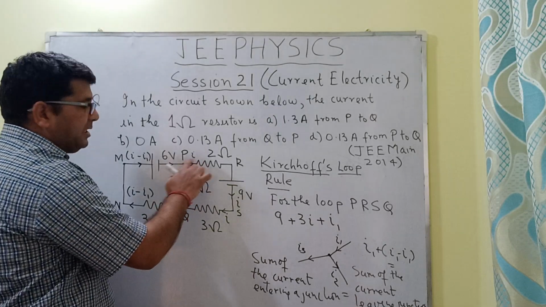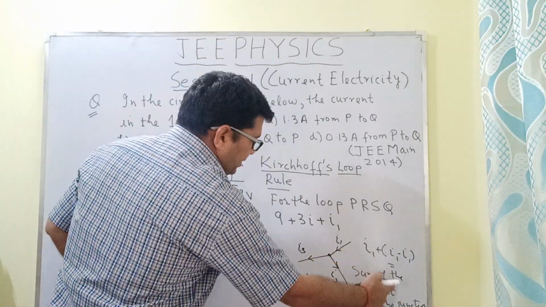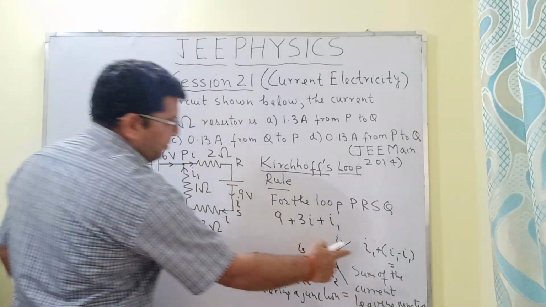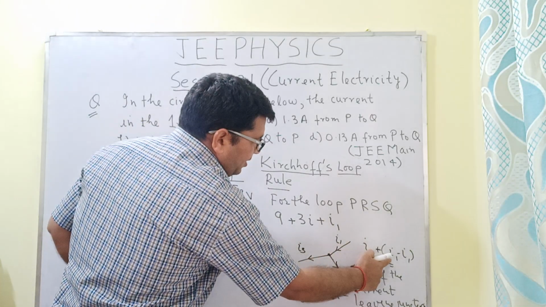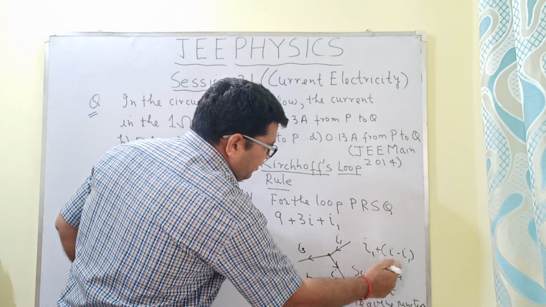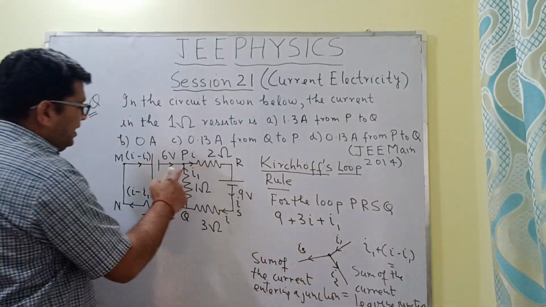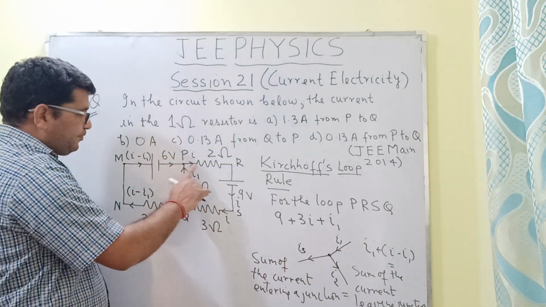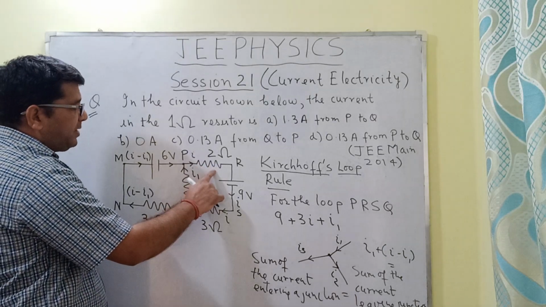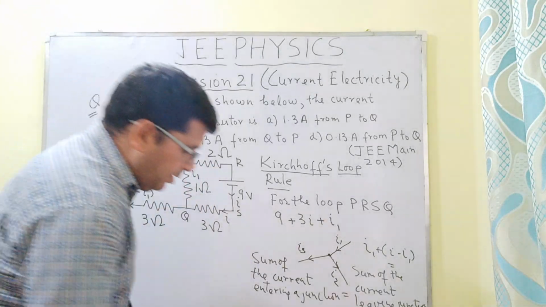Here the sum of the current entering the junction is I1 plus I minus I1, and the current which is leaving is also I1 plus I minus I1. So this is equal to I. So the current which is flowing across this 2 ohm resistor will be equal to I.